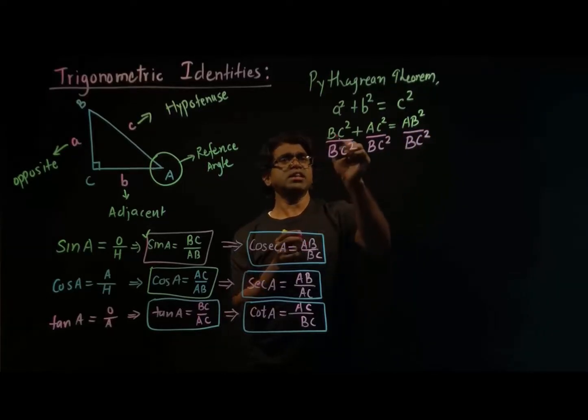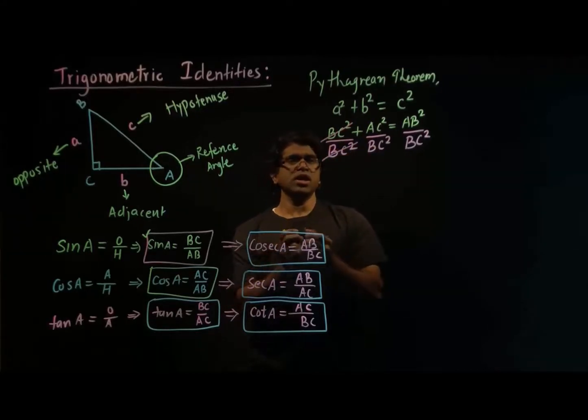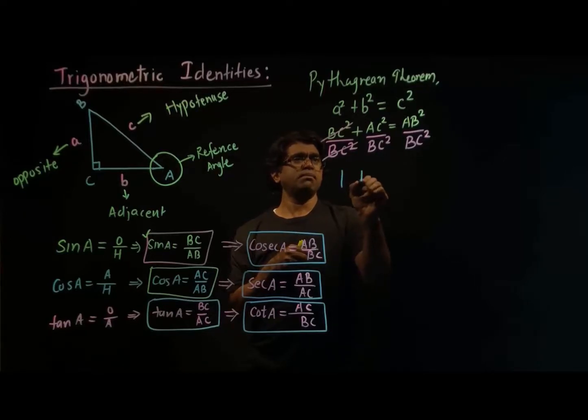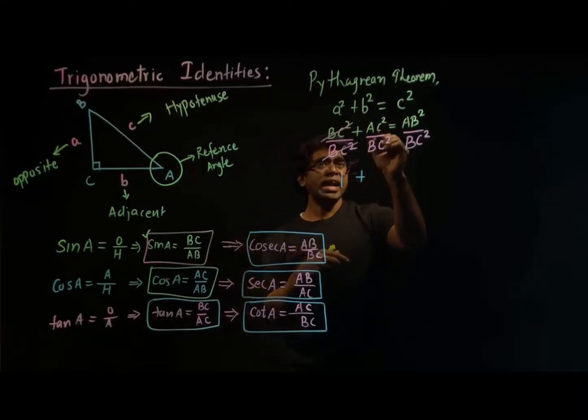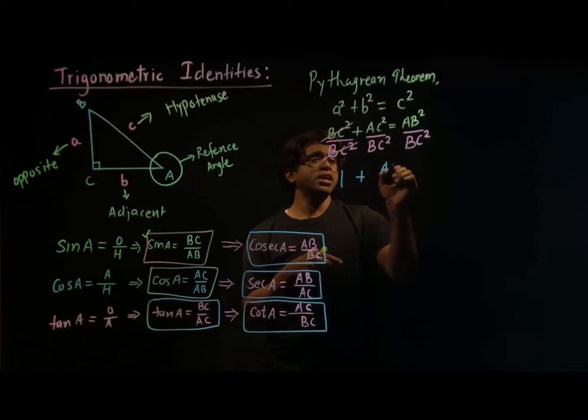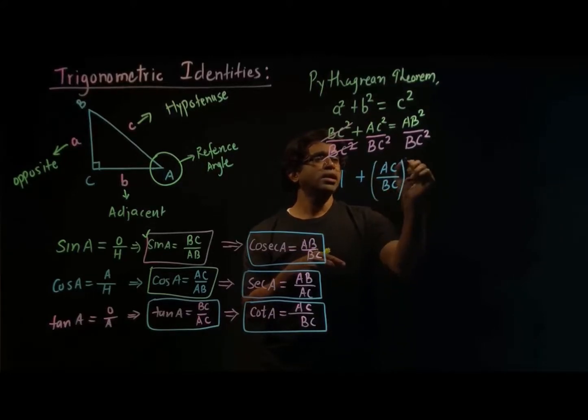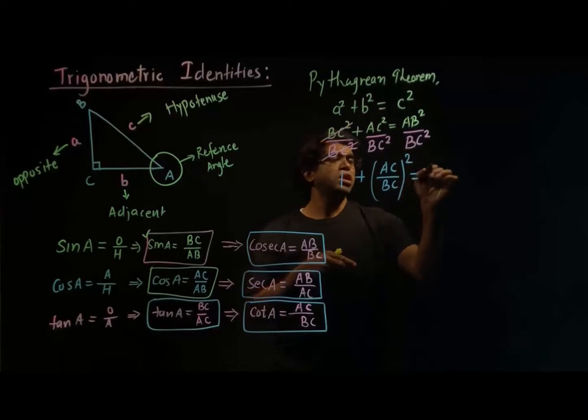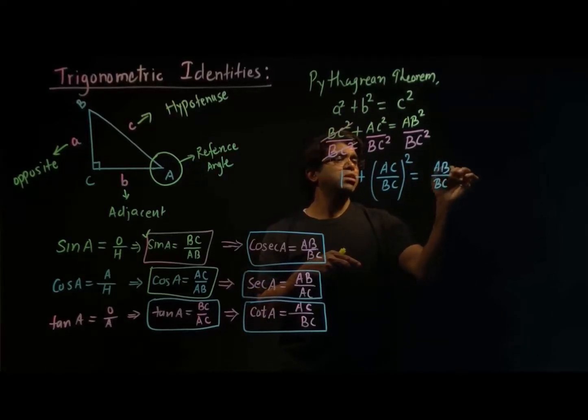Now as you can see, BC squared cancels out by BC squared, and I get 1 for this term. So I have 1 plus, I can write AC over BC as AC over BC whole squared, that is equal to AB over BC whole squared.